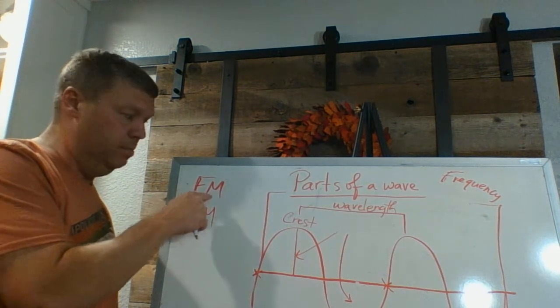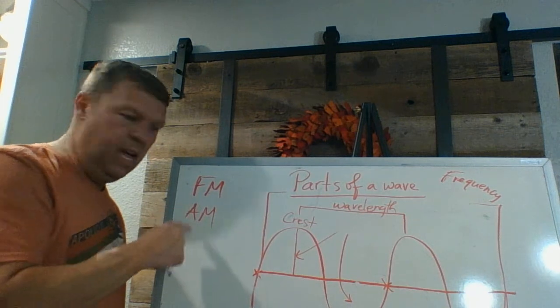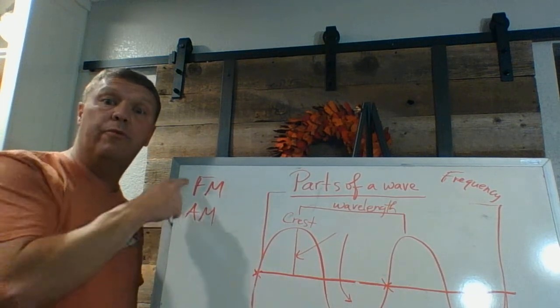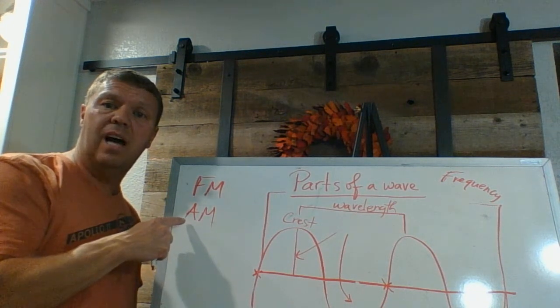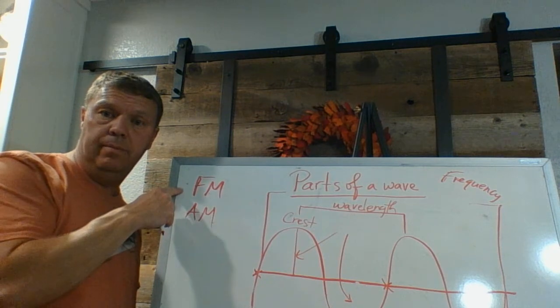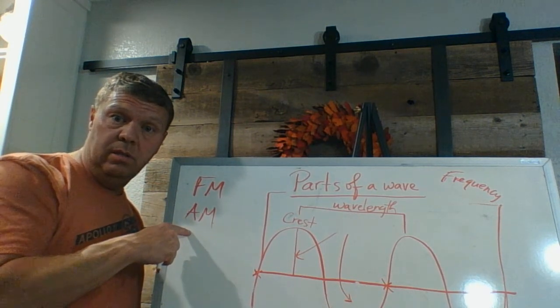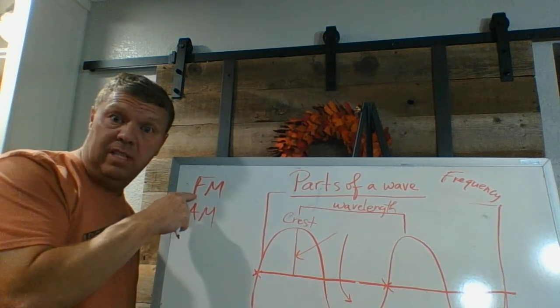So FM is frequency modulation. Now, if you know anything about the radio, which one of these waves travel further? AM travels further. Which one has higher quality? FM. So you change the height of the waves, and you send them out, or you change how fast they're moving, because that's frequency.